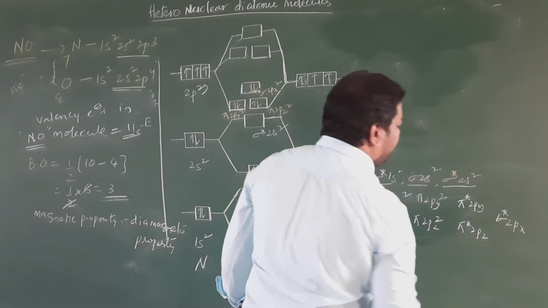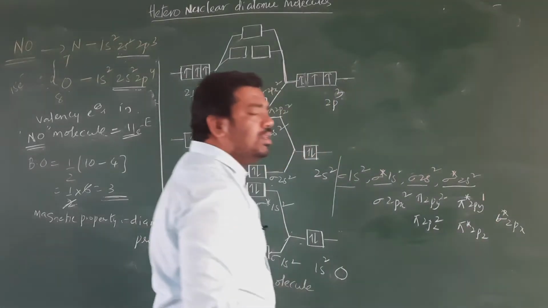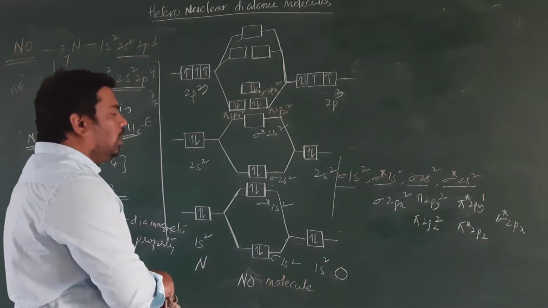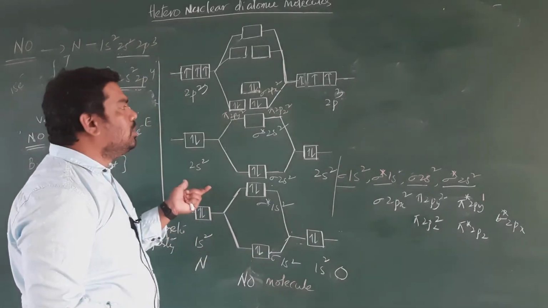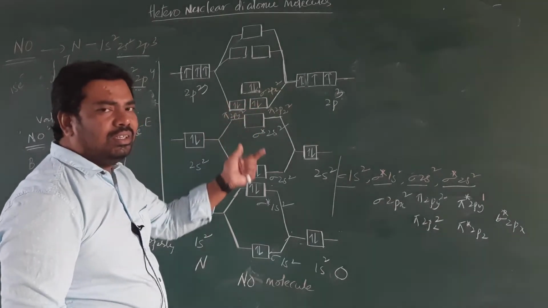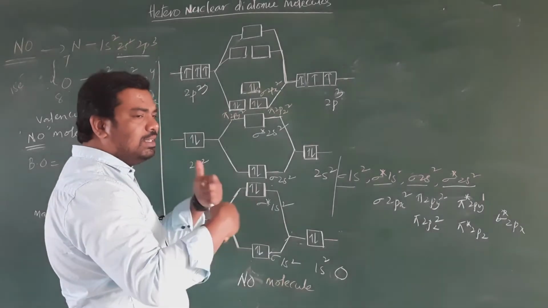Here it is a 15 electron system, student. So the next electron enters into the pi star 2py orbital only. There is no need to change 1s and 2s. We would like to change the energy order of pi 2py and pi 2pz. It is a reverse, student.